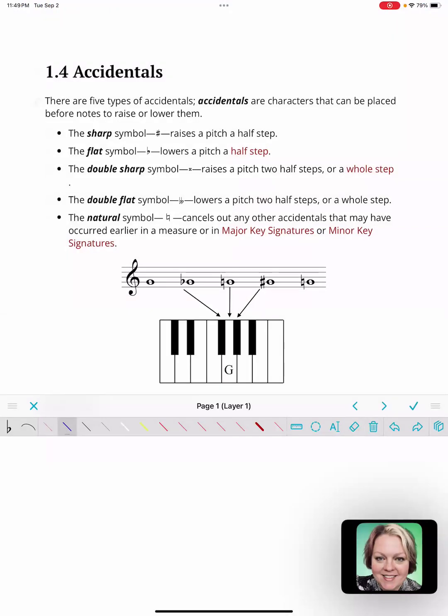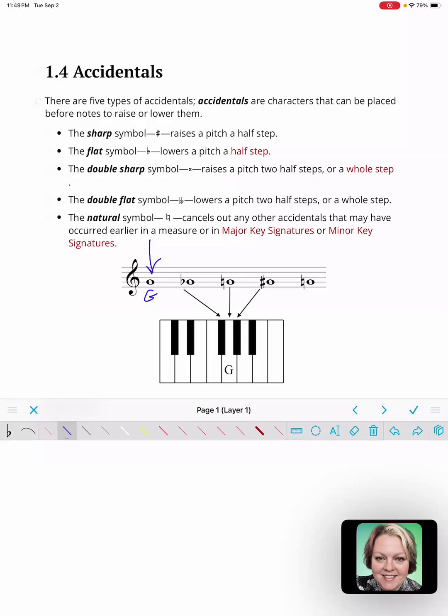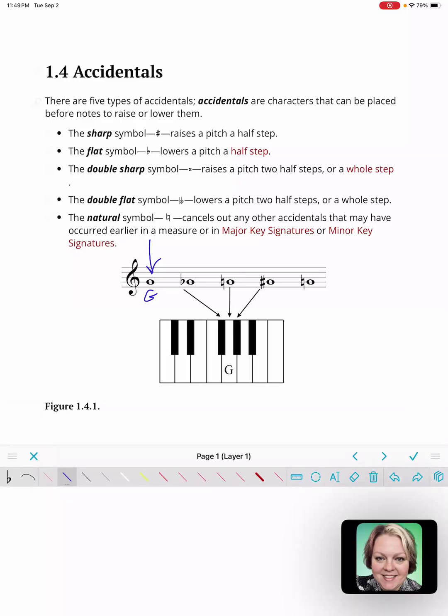There we go. This note right here, if you use the every good boy does fine method, then we know that that is a G. And then we come down to the keyboard and they have been kind enough to go ahead and label it for you right there.